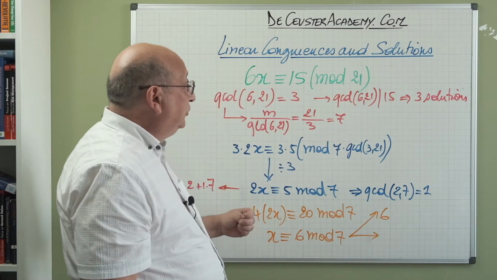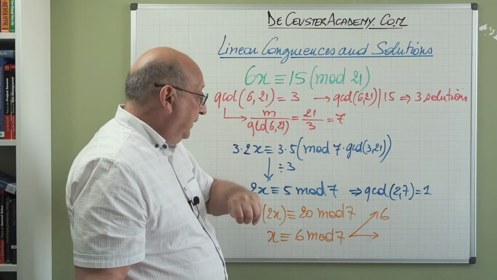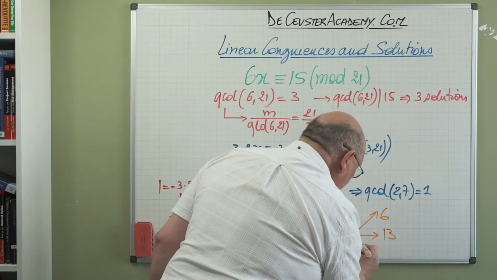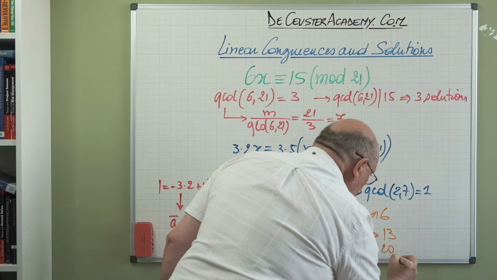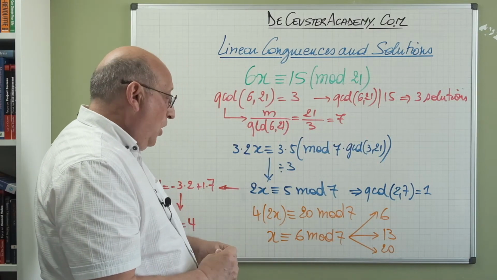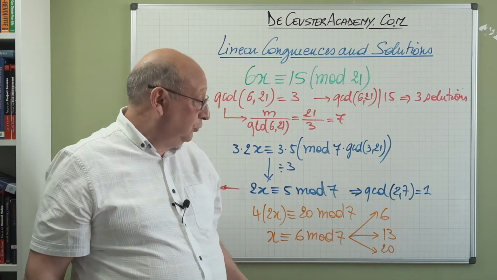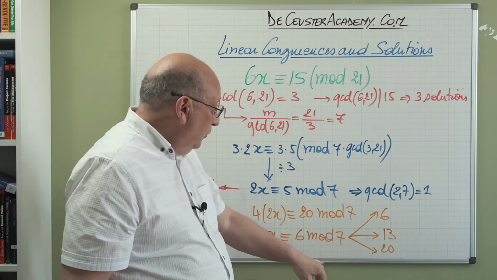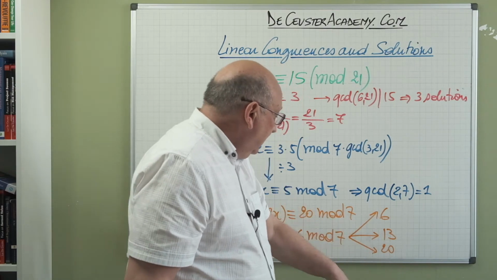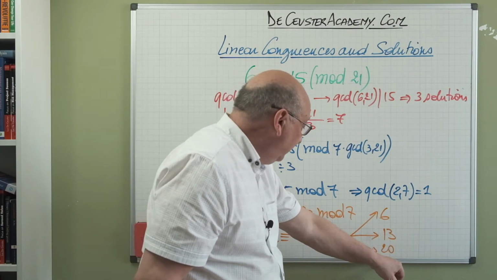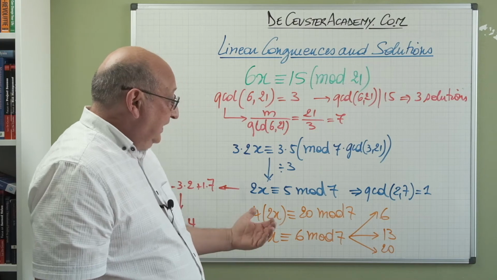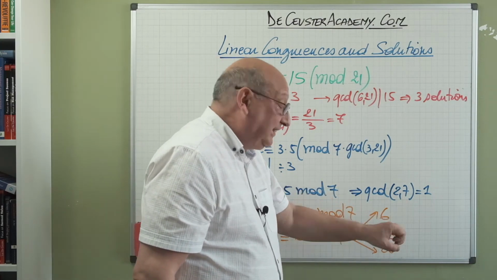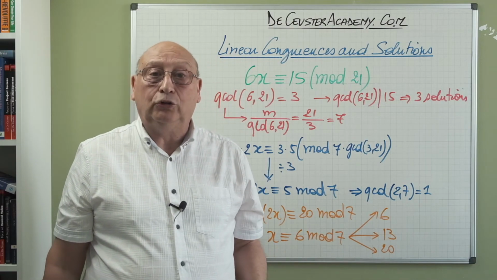We know that we have 3 solutions separated by 7, so the second solution is 13, and the last solution is 20. Of course, all modulus 21, we find those different solutions here, and we see when we put again 7, we find 27. 27 modulus 21 is the same as 6 modulus 21.